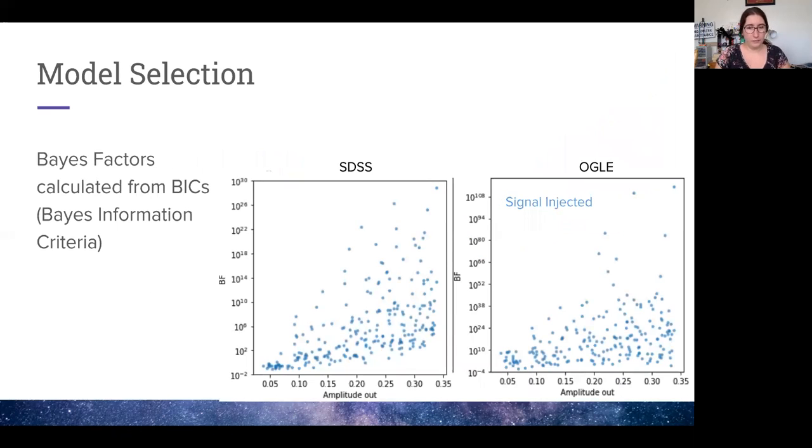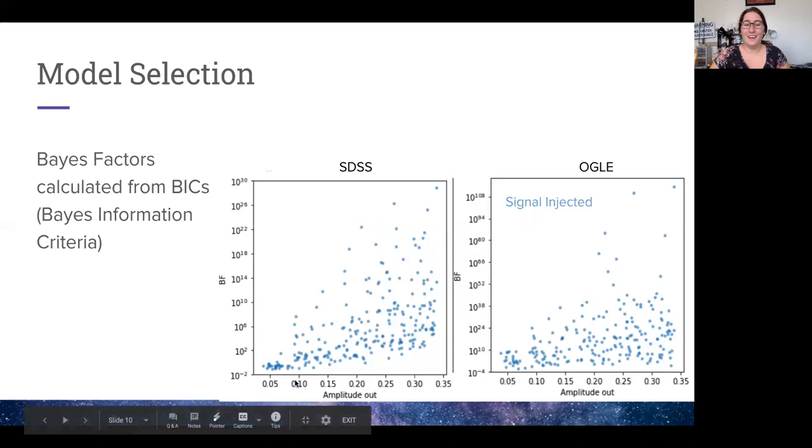So one other thing that we need to make sure we can do is do an accurate model selection and be able to tell whether we should be modeling a given light curve with a sinusoid or with just noise. And the way we're going to do that is with a Bayes factor calculated from a Bayes information criteria, or BIC. And you can see an example of this plot on the right.